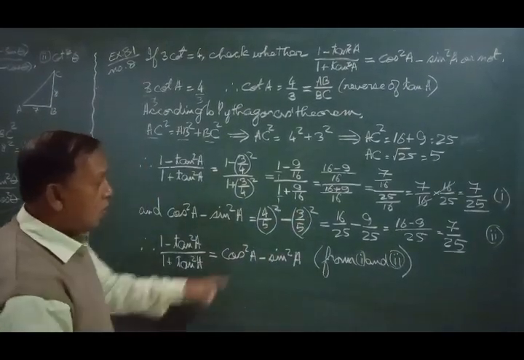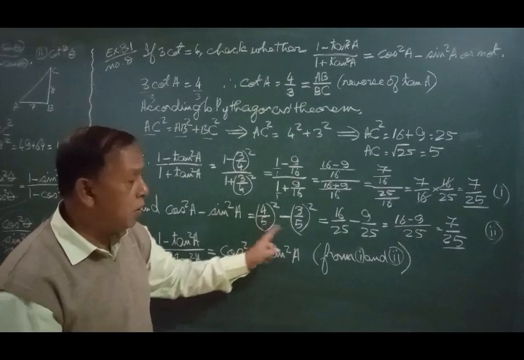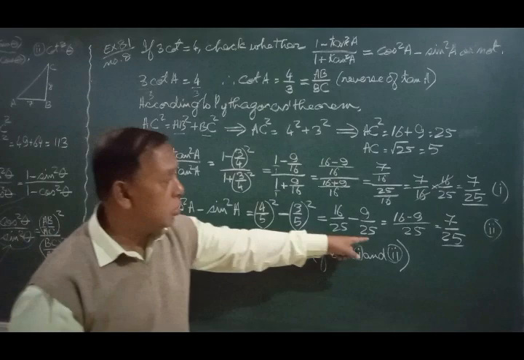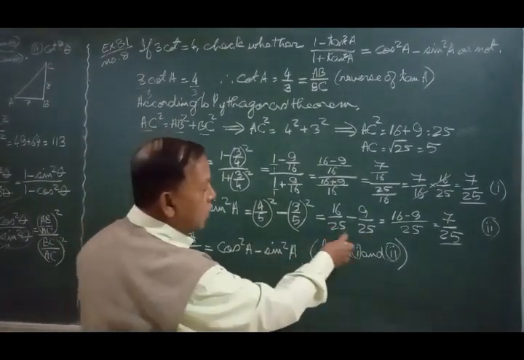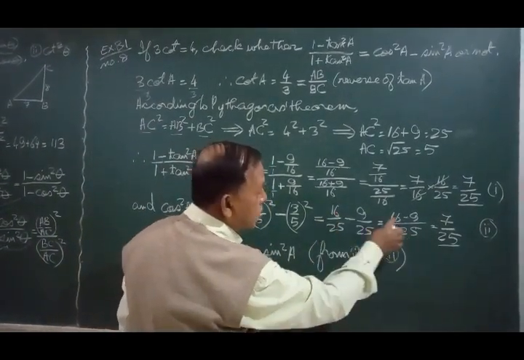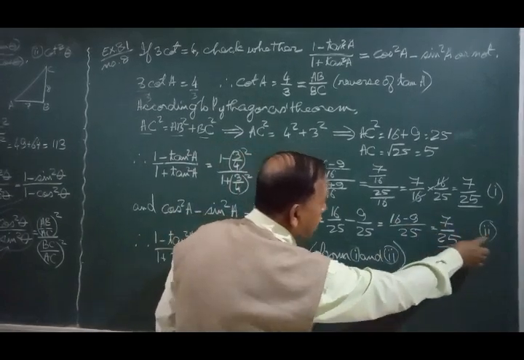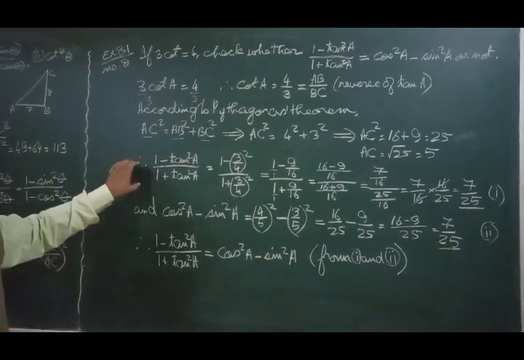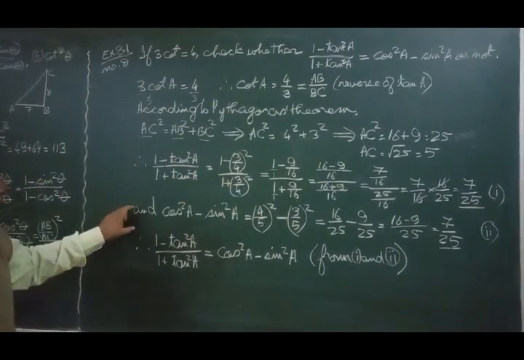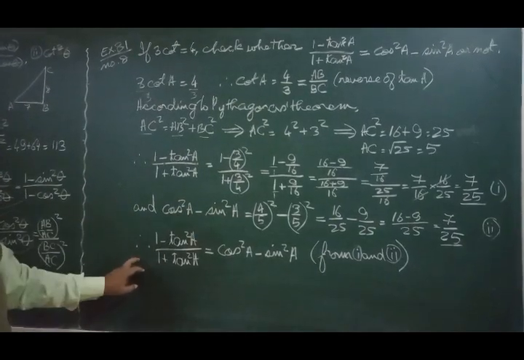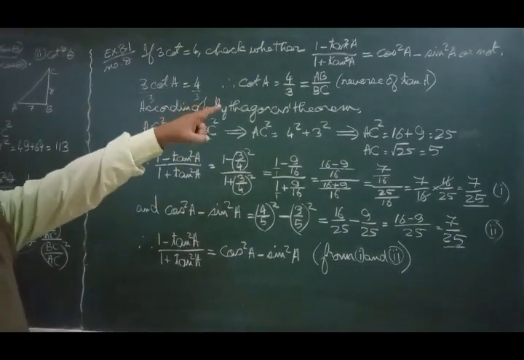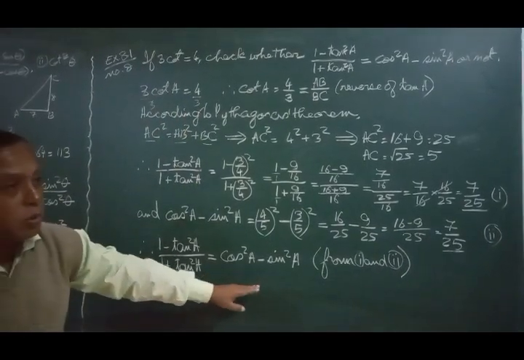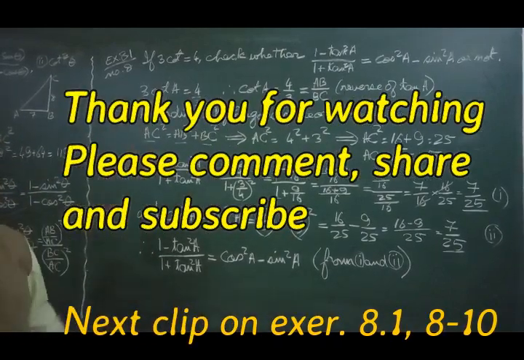It is 4 into 4, 16, 5 into 5, 25, minus 3 into 3, 9, 5 into 5, 25. Here again we have two fractions, LCM 25, 16 minus 9, 7 upon 25, that's the second one, the right hand side. What do we notice now? Left hand side is equal to 7 upon 25, right hand side is equal to 7 upon 25, therefore we say it is correct. Left hand side is equal to right hand side. So the question has been answered.